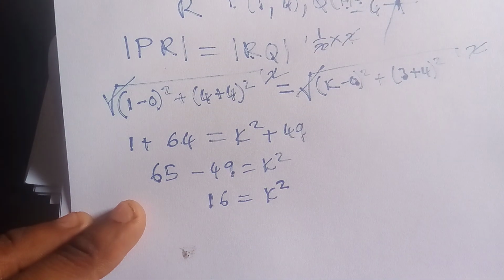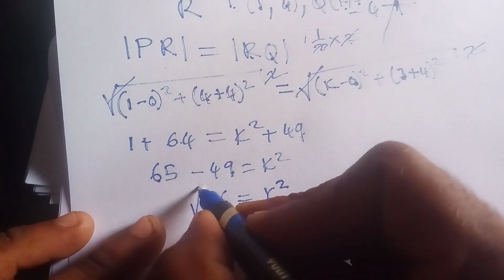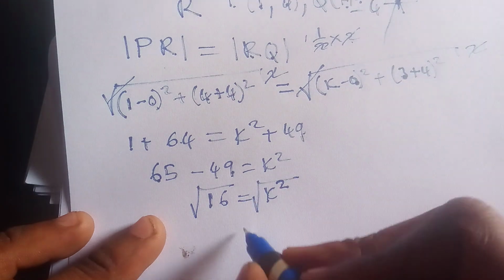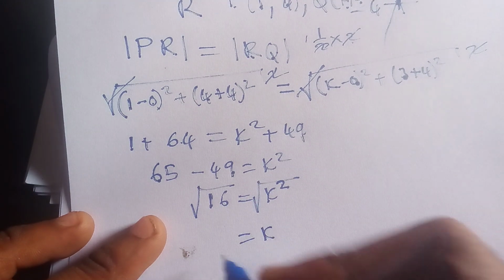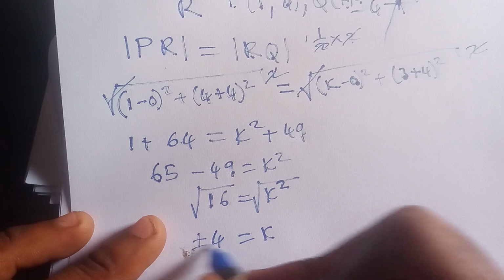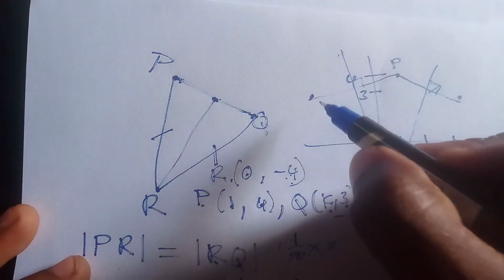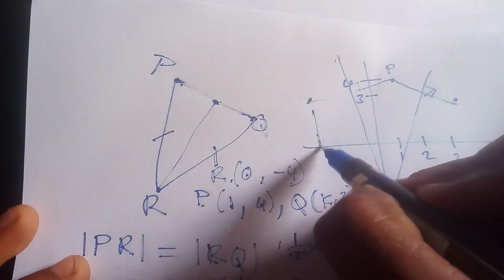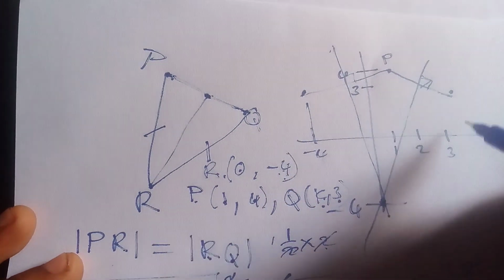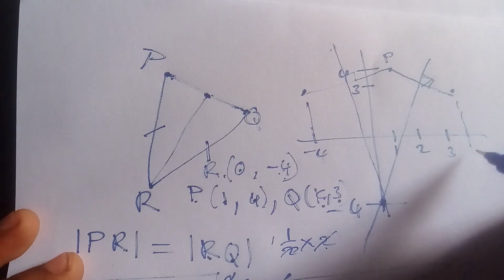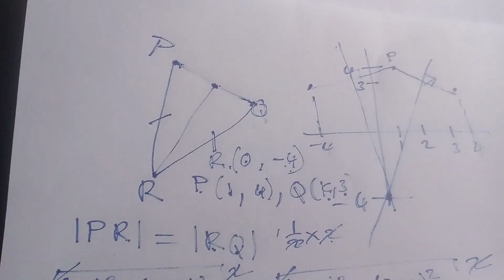To find the value of k, you simply take the square roots on both sides, so that k is equal to plus or minus 4. So that means it's possible you can have your k as negative 4, and it's also possible you can have your k as positive 4.